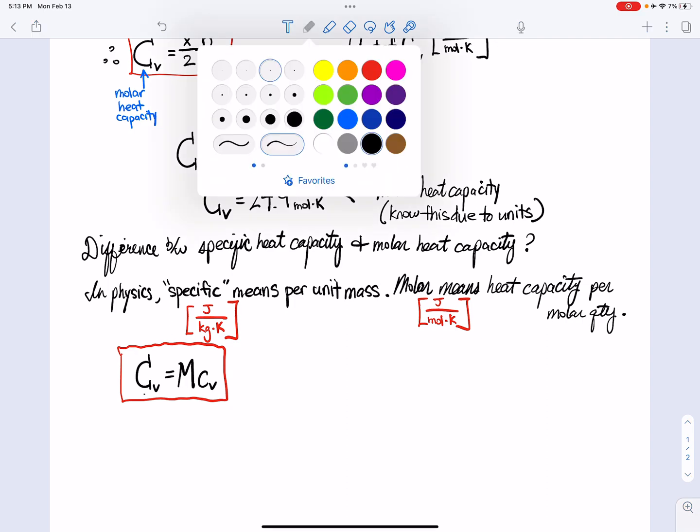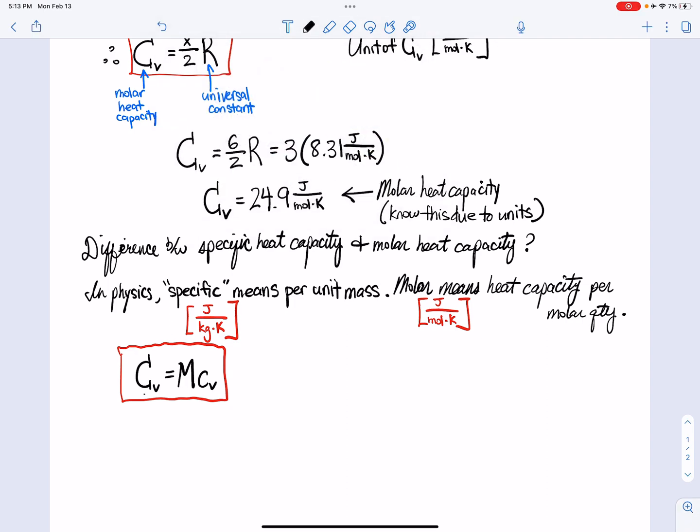Basically capital C is the molar heat capacity, capital M is the molar mass, and small c is specific heat capacity.